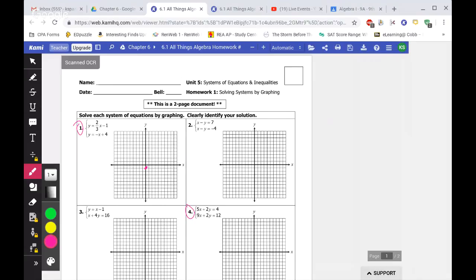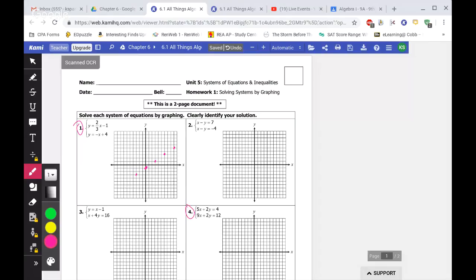1, 2, 3. Up 2, right 3. And then I'm going to go down 2, left 3. 1, 2, 1, 2, 3.